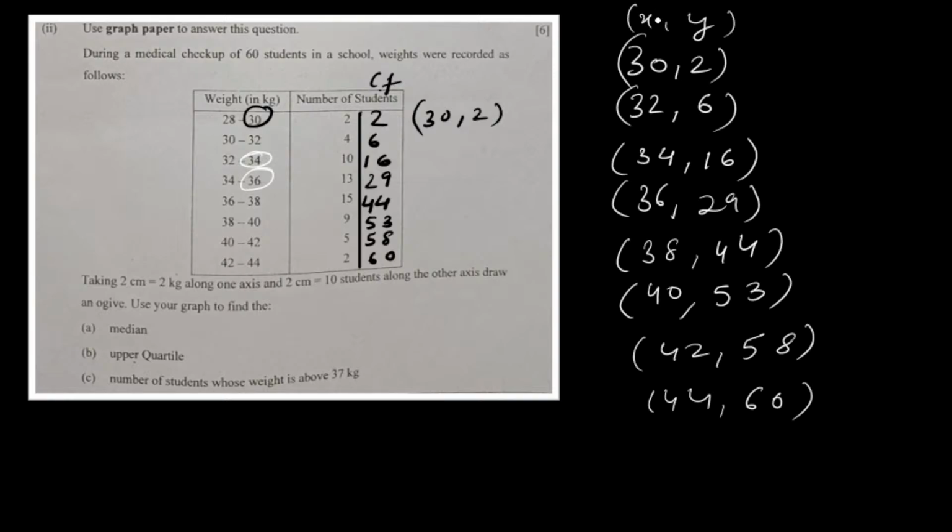Then 40, 53, 42, 58, 44, 60. See, this is x and y points we are going to plot on the graph. So all x we are choosing from the upper limits, and y points from the cumulative frequency we have chosen. And these points now we will plot on the graph.